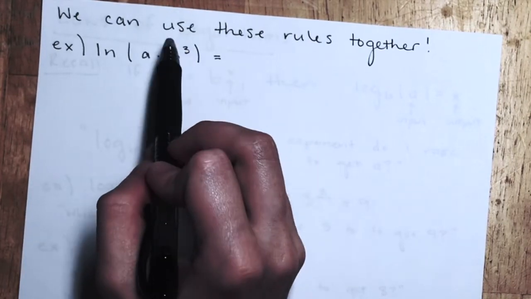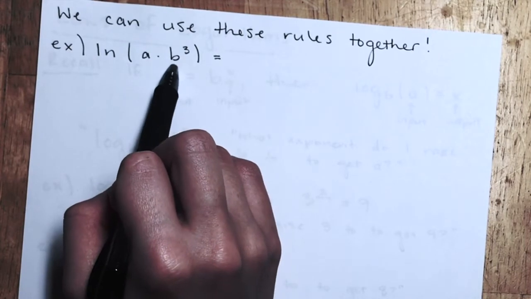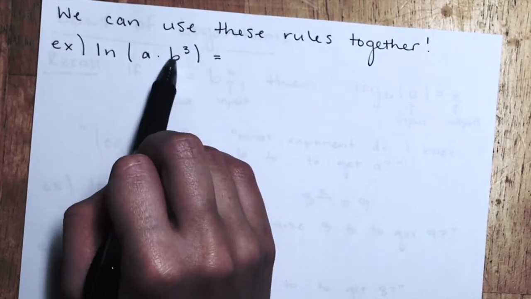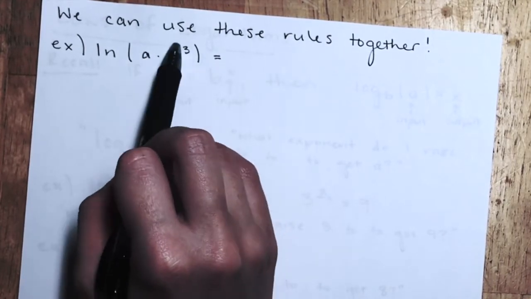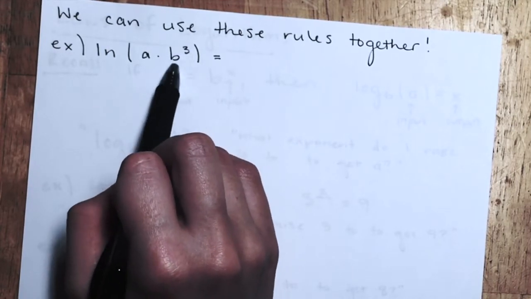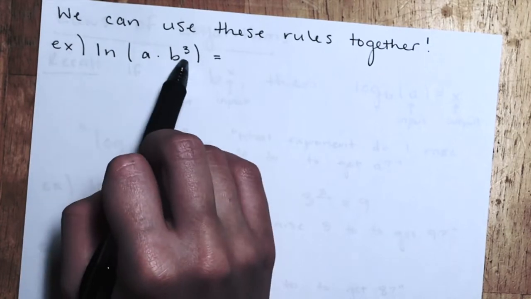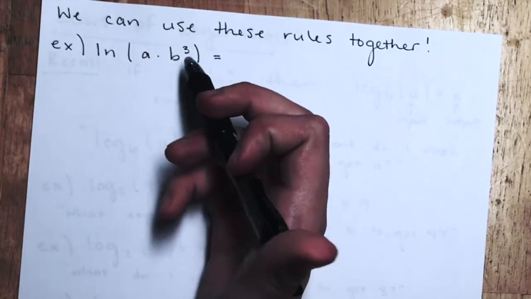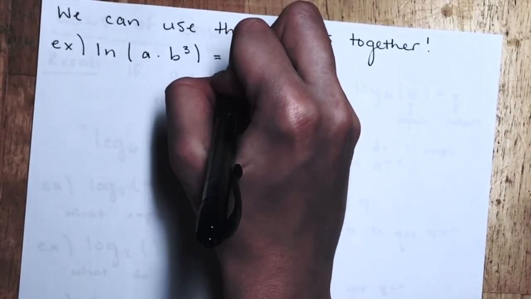We cannot. So remember, this 3 is a power of b only, right? If we were raising both a and b to the power of 3, we would have to have parentheses here, right? So this 3 is only being applied to this b. So we can't bring it out front because it's not an exponent for the whole thing here. So we've got to split these up before we can bring that 3 out. So let's split them up.